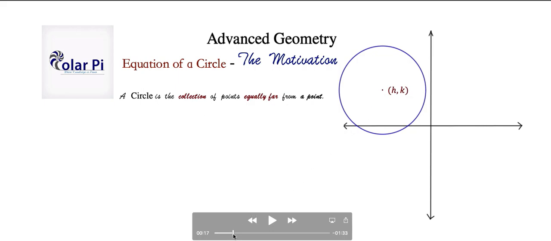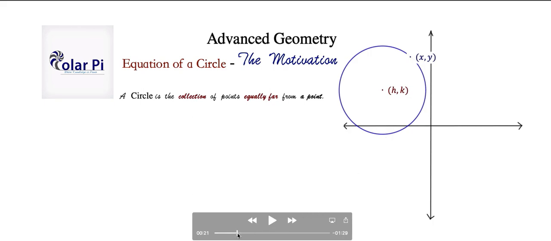Okay, so then a random point on the circle, which has coordinate (x, y), could be this, and what we require of it is that the distance from (x, y) to this center point (h, k) be the same as the distance from this center point (h, k) to any other point on the circle.